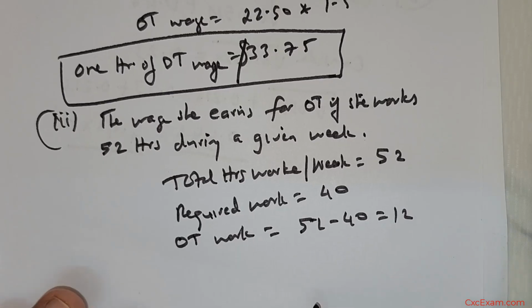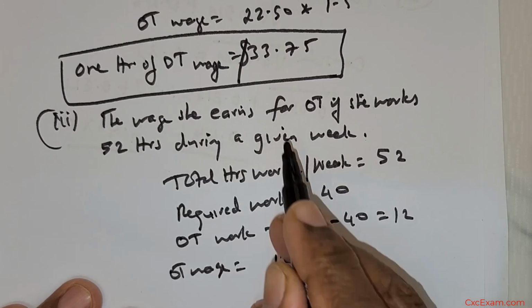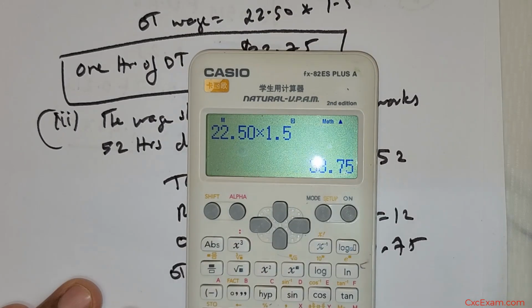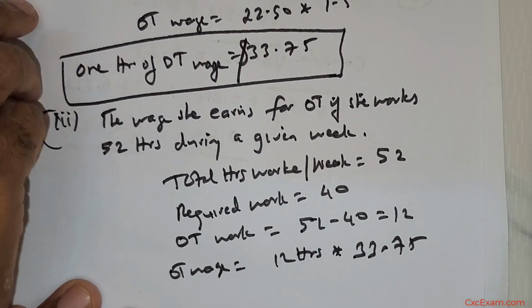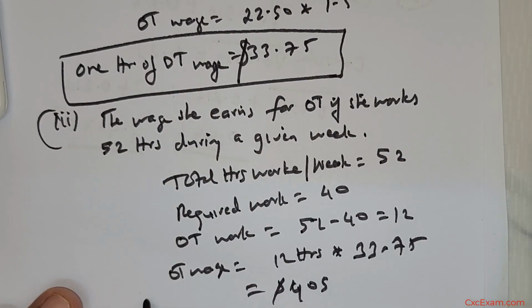What do you get? You get 12. So overtime wage is 12 hours multiplied by 1 hour's pay, 33.75. So go to the calculator, you multiply by 12. What do you get? 405. $405, the OT wage per week.